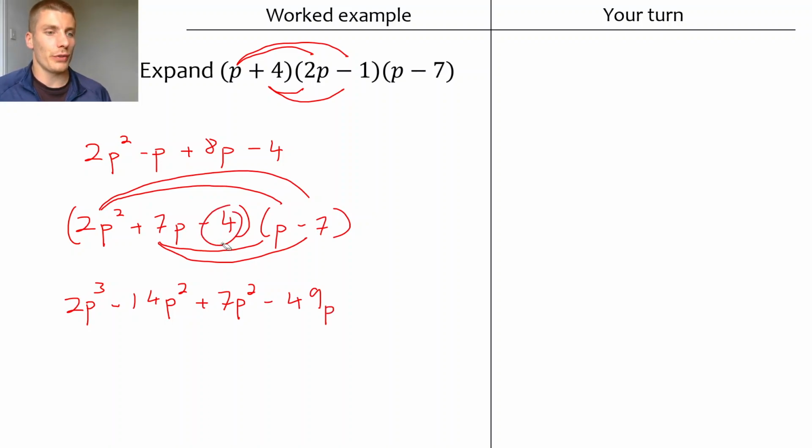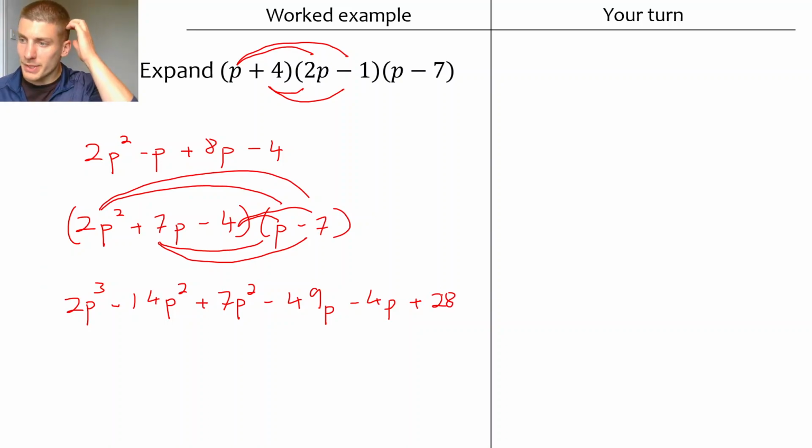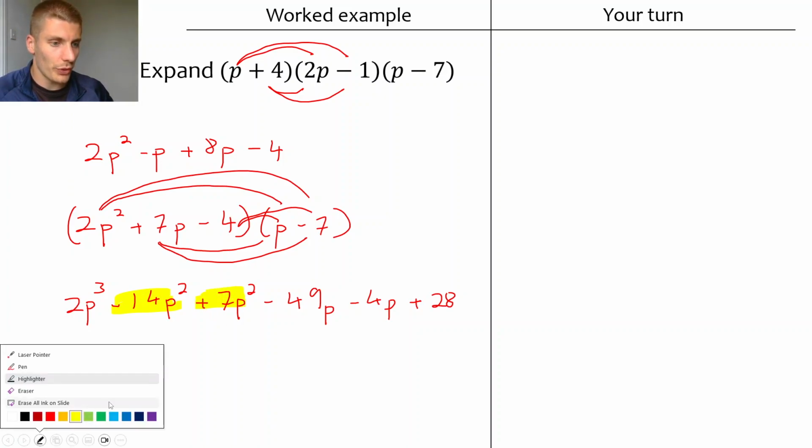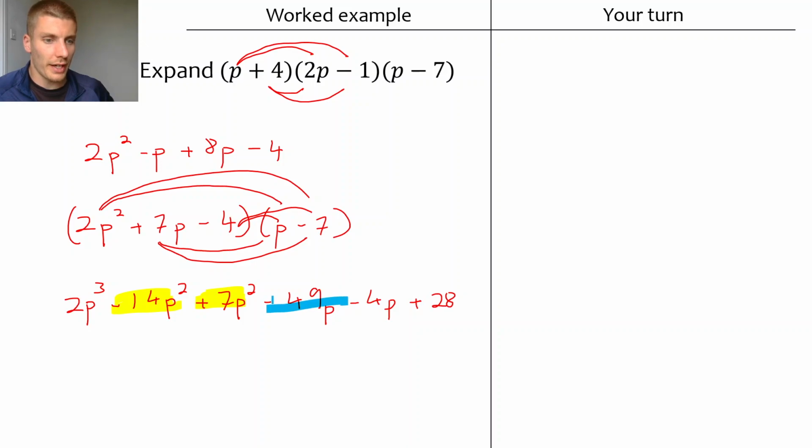You then go on to your minus 4, and you do minus 4 times by p, which is minus 4p, and then minus 4 times by minus 7 gives you positive 28 on the end.